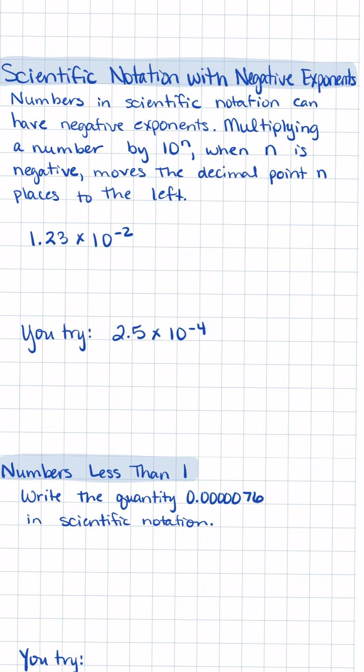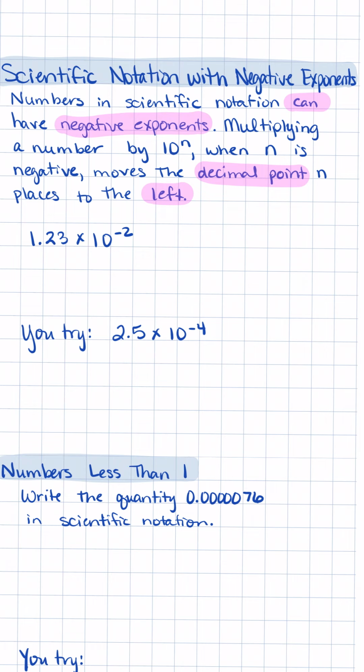Okay, so now scientific notation with negative numbers. Numbers in scientific notation can have negative exponents. Multiply a number by 10 to the n. When n is negative, the decimal point moves to the left. So when we were doing positives, it was moving to the right. With negatives, it's going to be moving to the left.